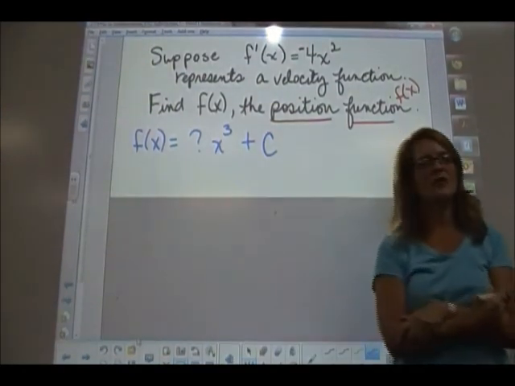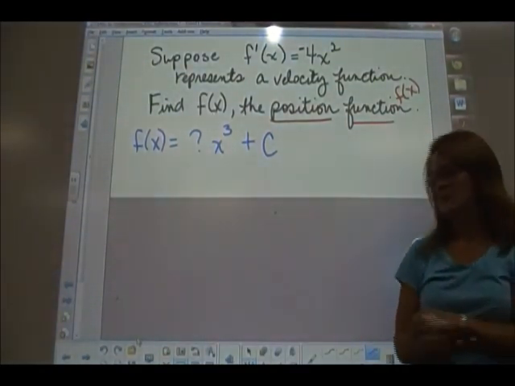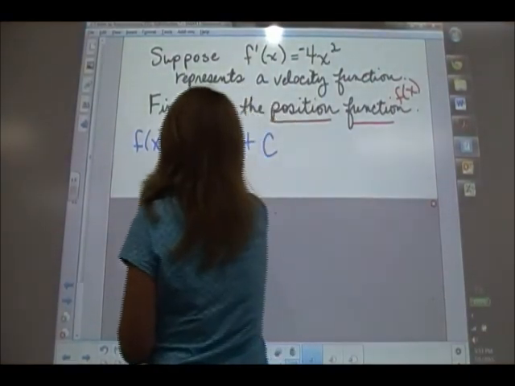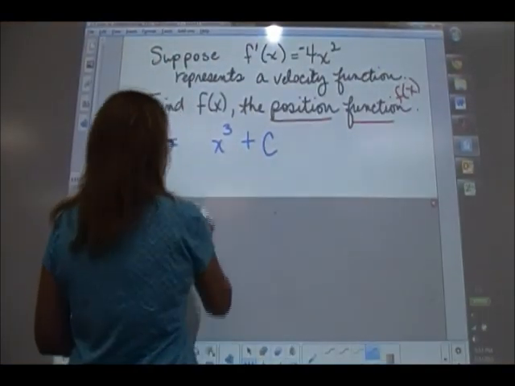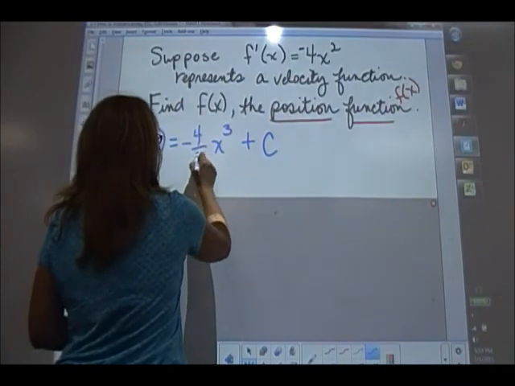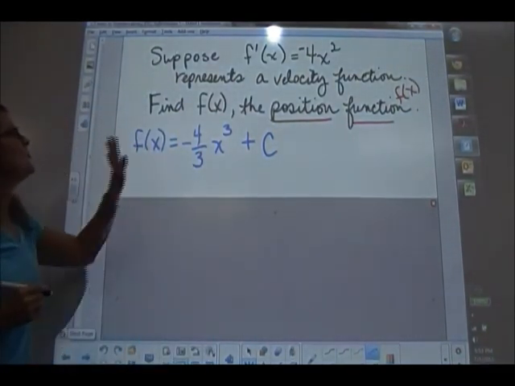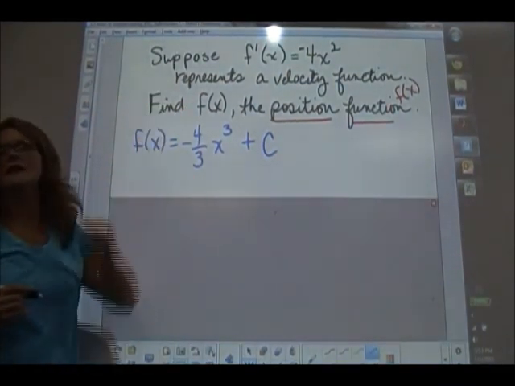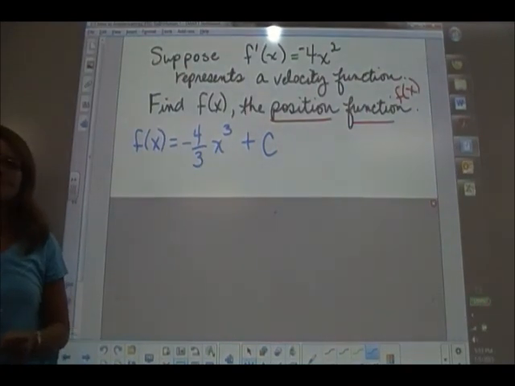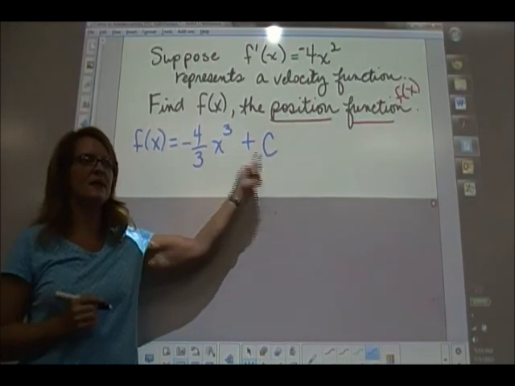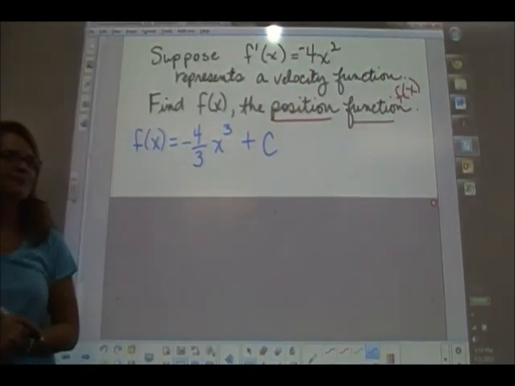I need something to go in place of the question mark. Negative 4/3. Negative 4/3. Let's test it. Would that work? If you took the derivative of this function, would you get that function back? No matter what number was here in the place of C, you would get that back, wouldn't you?